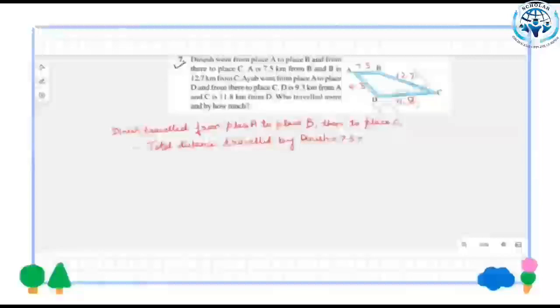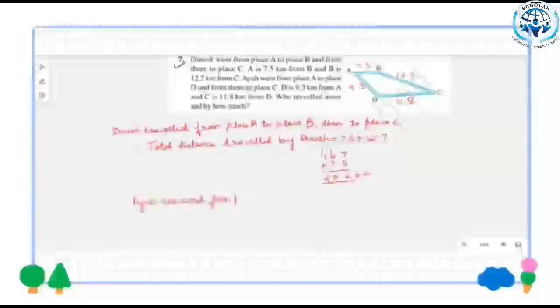This is calculated by adding the decimal numbers 7.5 and 12.7. I told you how to add the decimal numbers. Decimal should be in a line. Both the decimals are in line. 12.7 plus 7.5 is equal to 20.2 kilometer. So Dinesh traveled a total of 20.2 kilometer.